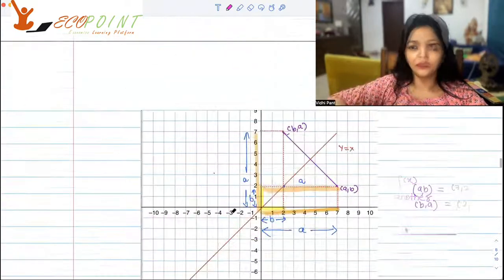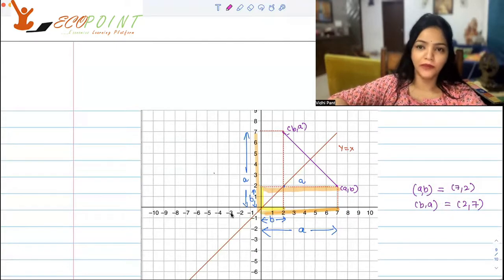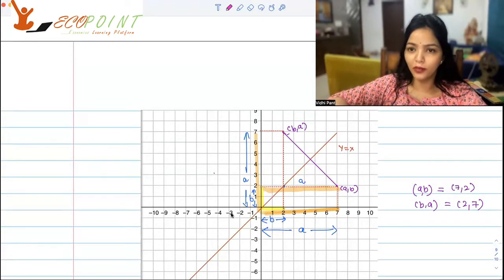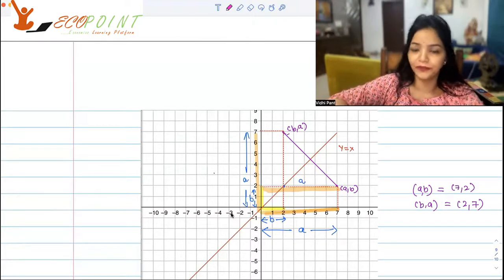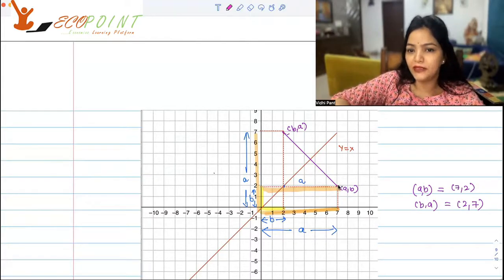Let's find it out. Without taking any particular function here, I just want to work with (A, B) and (B, A) and look at geometrically or graphically what it is that we're getting. Suppose (A, B) is a point on f. So the graph of f is somewhere here and (A, B) is a point on that. This is the point (A, B). Suppose (A, B) is basically (7, 2). So A is 7, as you can see here, and B is 2.